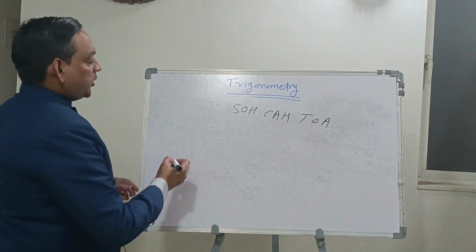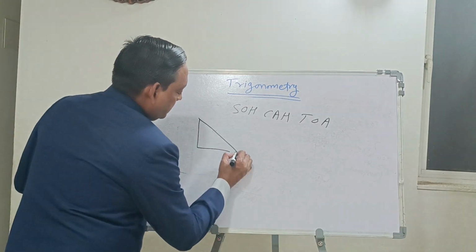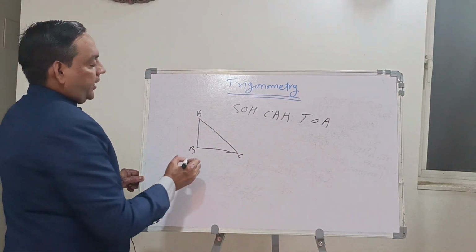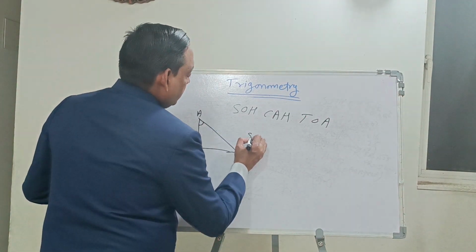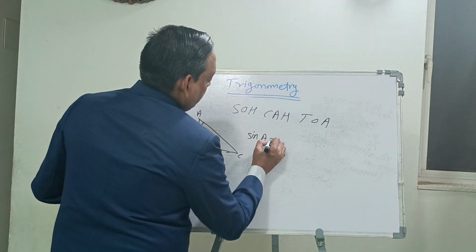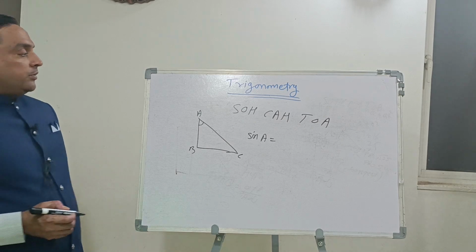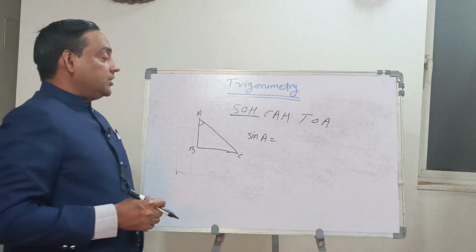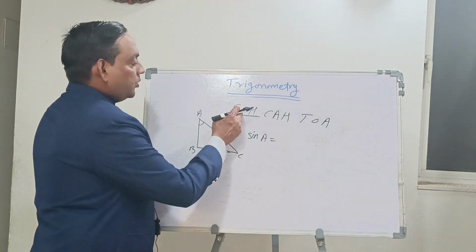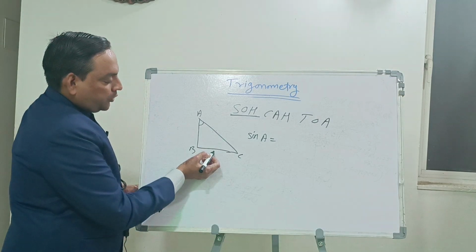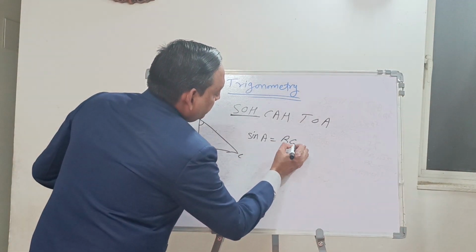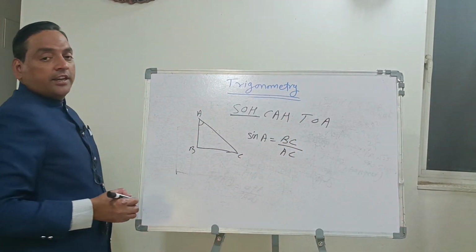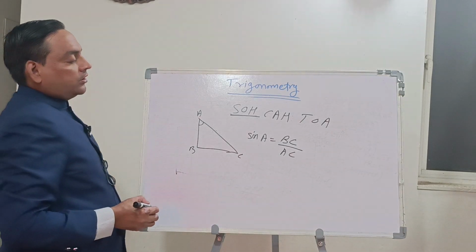Now suppose you get a sum with triangle ABC, and they ask you to find sine A. The first thing to remember is that sine is opposite over hypotenuse. Opposite is BC, and the hypotenuse is AC. So sine A is equal to BC upon AC.